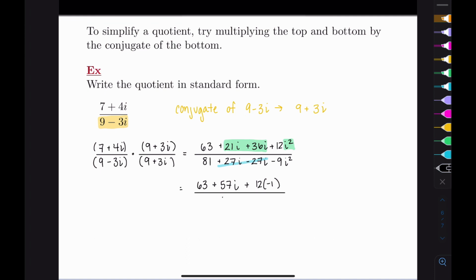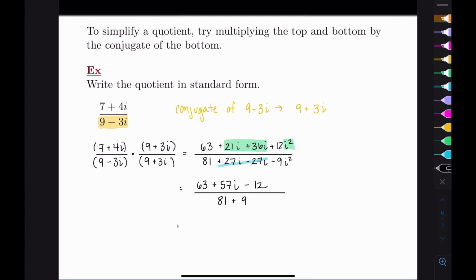And in the bottom, we're left with 81. And 9i squared, we can replace the i squared by negative 1. So 12 times negative 1 becomes minus 12. And here, negative 9 times negative 1 turns into plus 9 in the bottom.